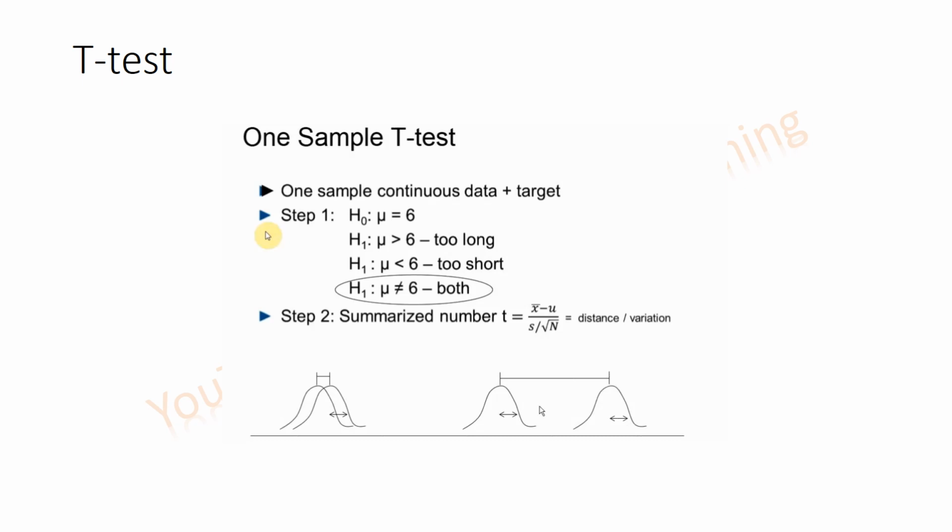So this can give you some idea: if T, which is the distance over variation ratio, is big enough, I'm going to say they are different. If T is not big enough, I'll probably say they are the same, right?